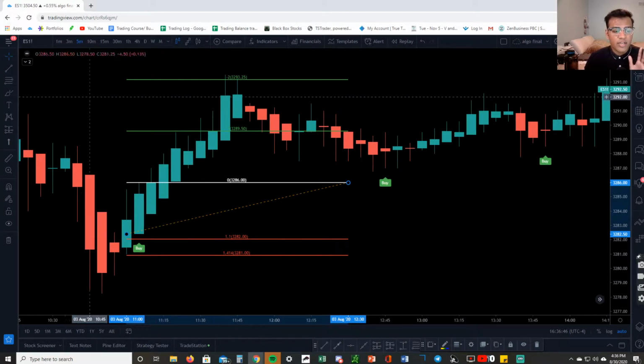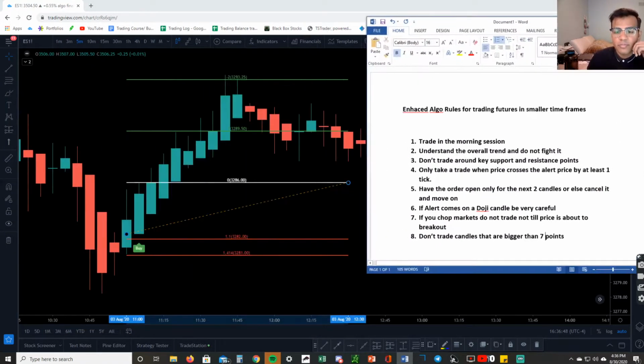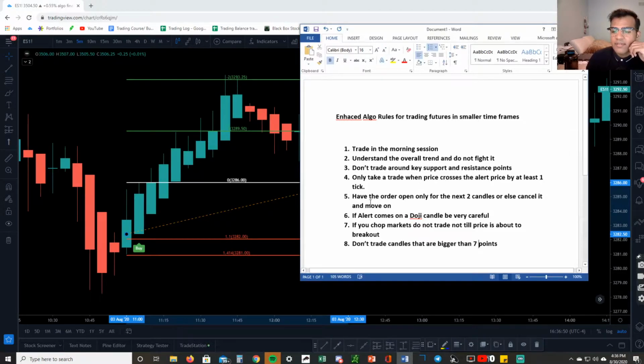Next, rule number 5, right? Rule number 5 is have the order open only for the next 2 candles, or else cancel and then move on till the next alert. Why is that? If the candle didn't break above in the next 2 candles after the alert, it'll show you the buy on the charts.